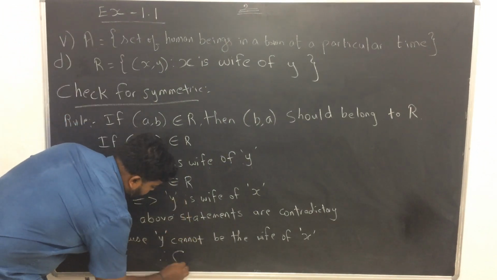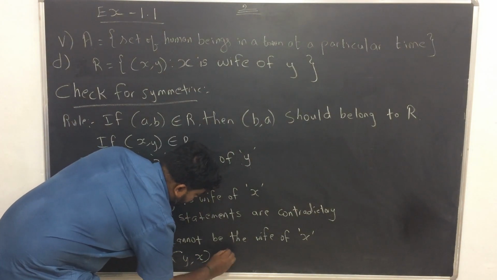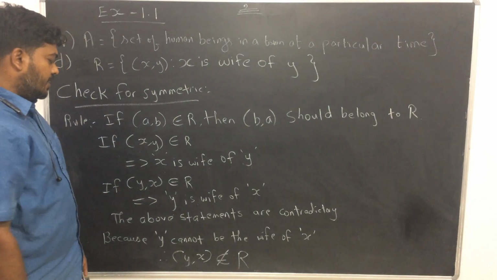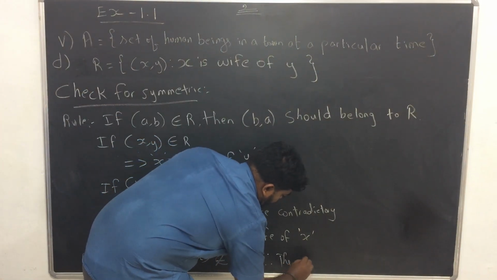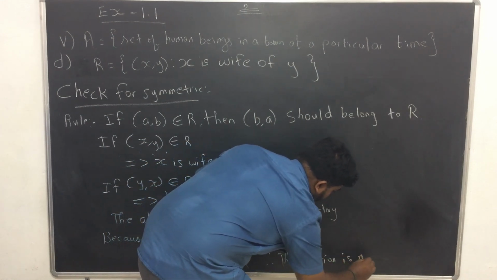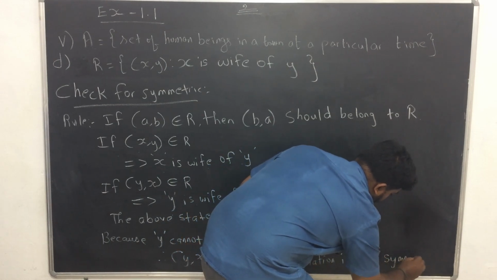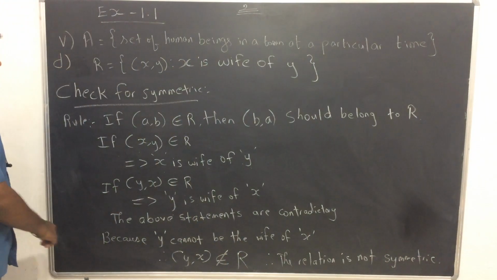Therefore, y comma x will not belong to the relation. Therefore, the relation is not symmetric.